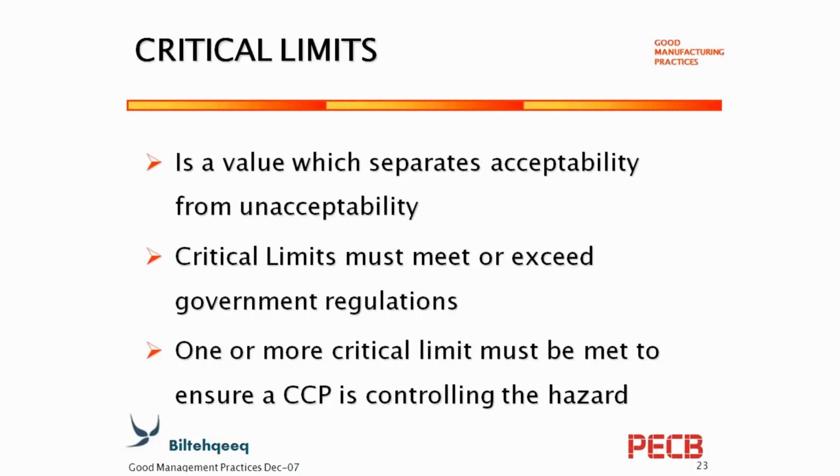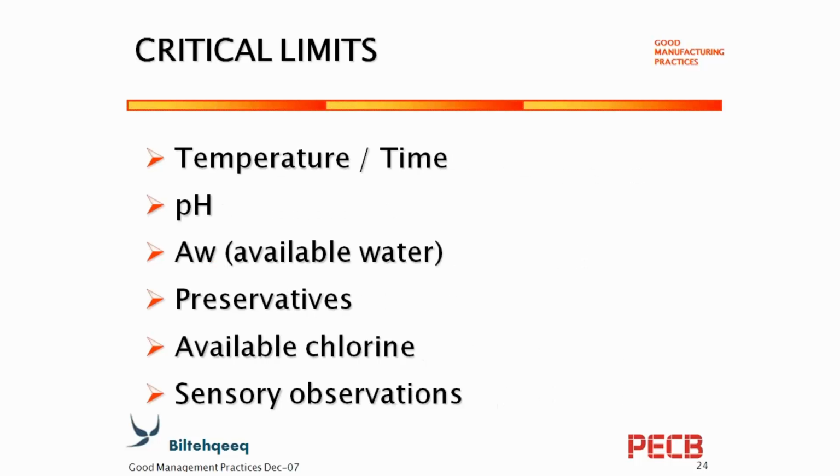And these values can come from government regulations or industrial norms, or your own defined procedures. So you have to monitor your process, and if something is going beyond the critical value, you have to point this out and take corrective and preventive action.